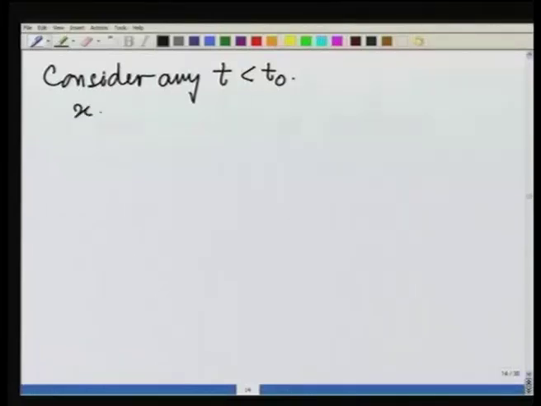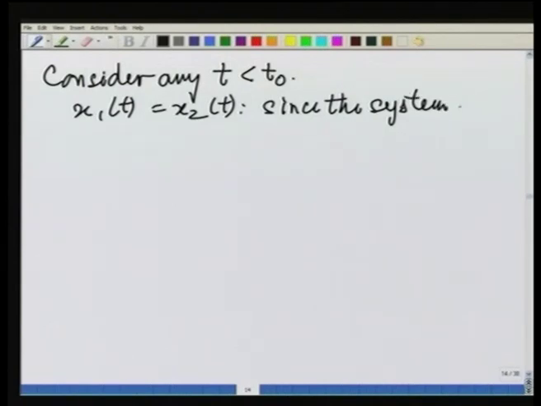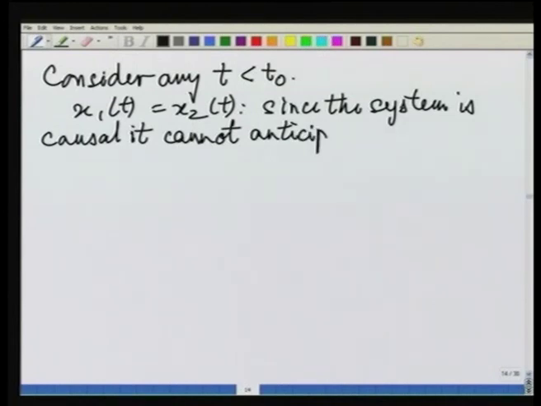So, for t less than t naught, x1t equals x2t. Hence, since the system is causal, it cannot anticipate the future.